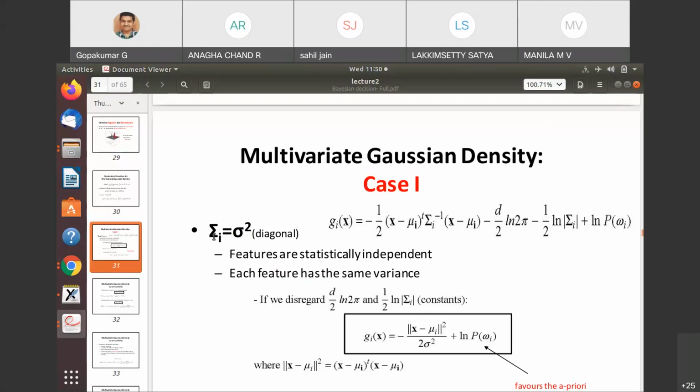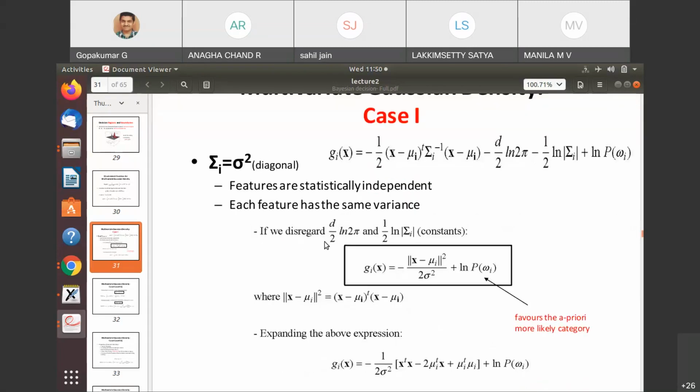So we are assuming a special case where the covariance matrix is equal to sigma square I. If we consider that specific case and look into the g of x equation, the second and third terms, that is d by 2 into ln of 2 pi and 1 by 2 into ln of the determinant of sigma I, are going to be constants, because d is constant for all i, and sigma I is the same for all i, being sigma square times the identity matrix.